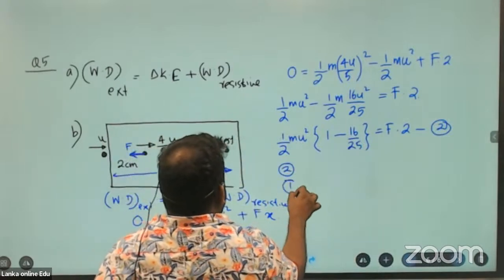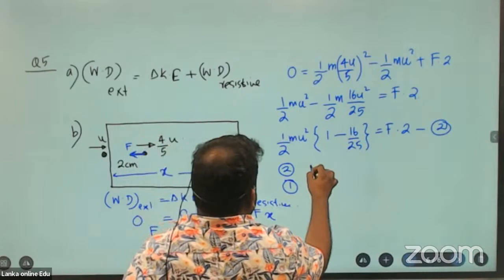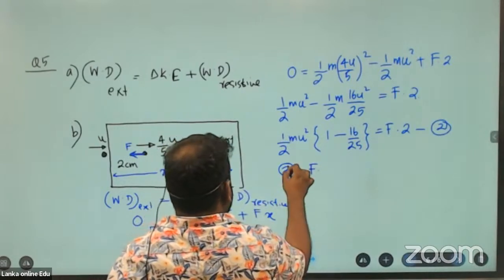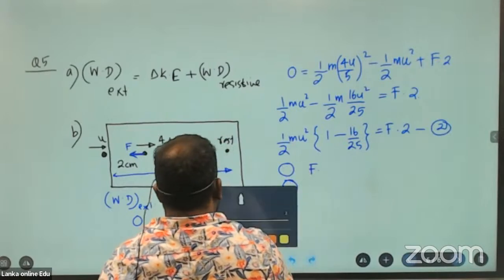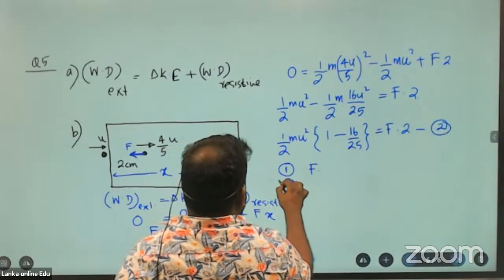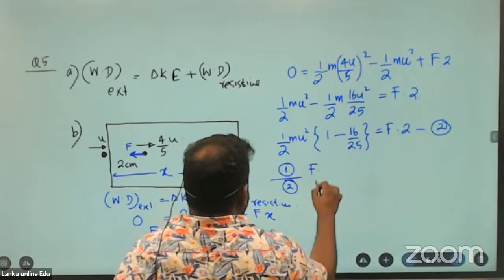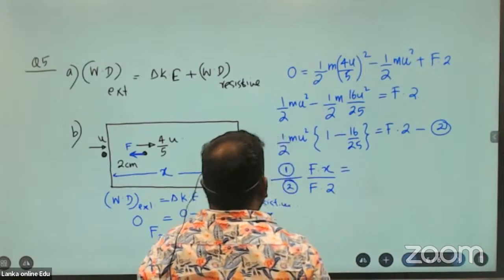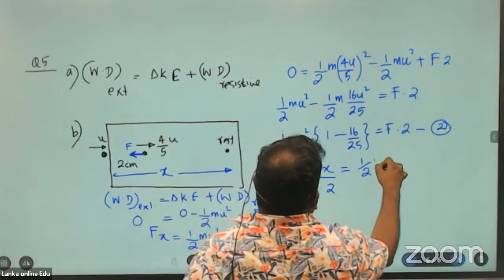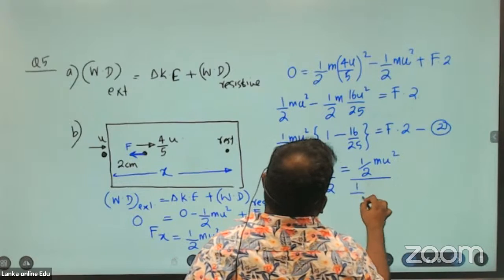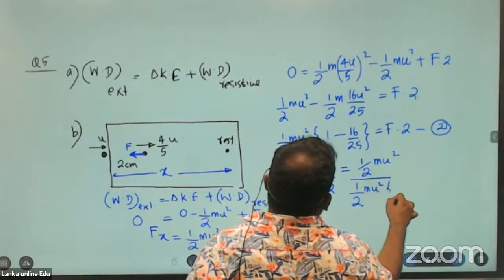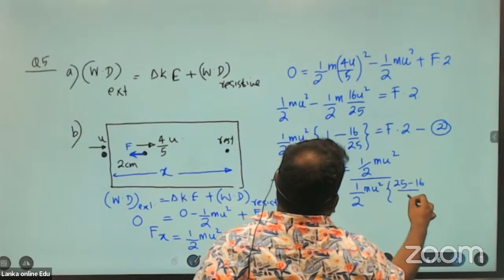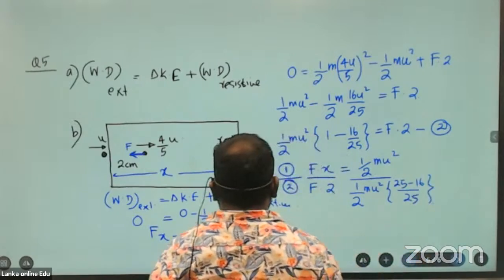First equation divide by the second, easier. First equation F times x, second F times 2. Half m u squared times 25 minus 16 divided by 25.